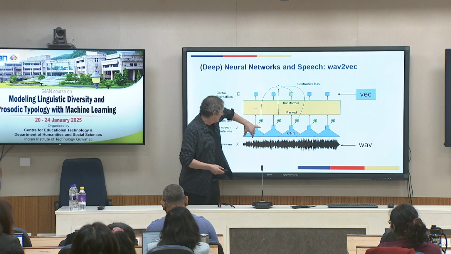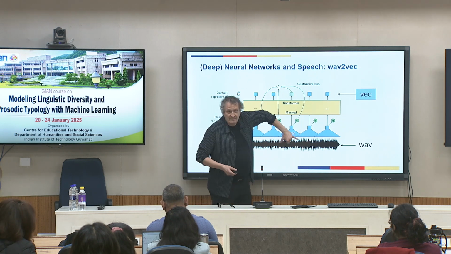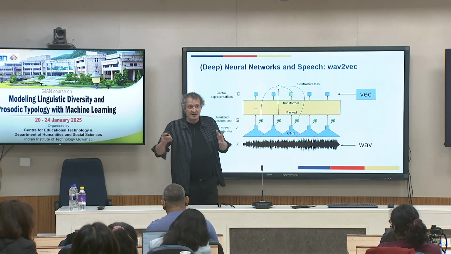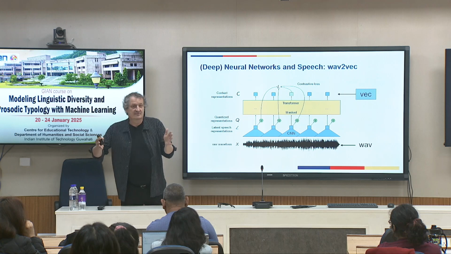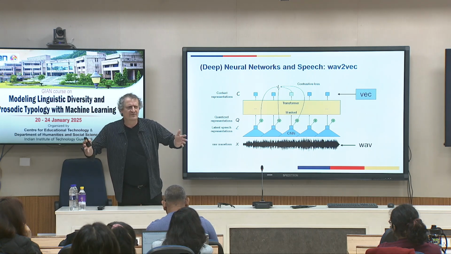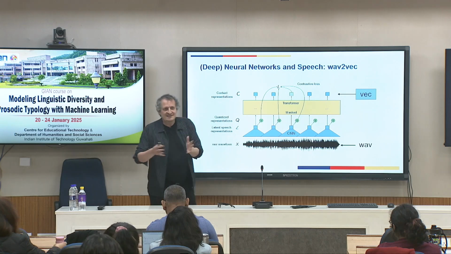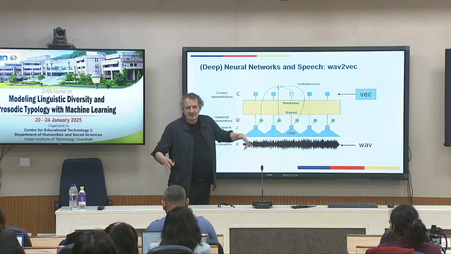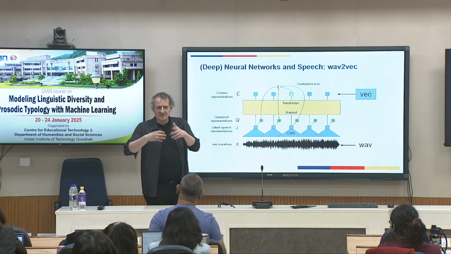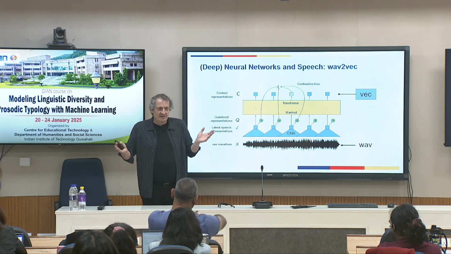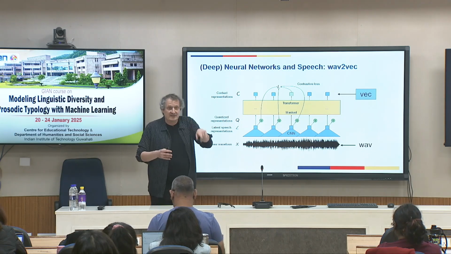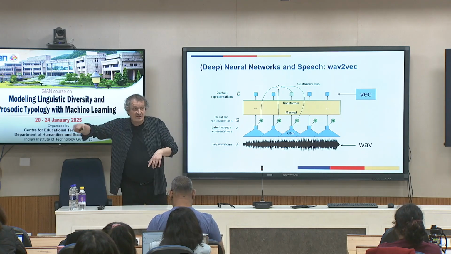You feed it some waveform, and you analyze it bit by bit. Depending on the setting, these are relatively small pieces, if I remember, like 25 milliseconds or so. And then you summarize using convolutional networks, a network architecture which can find the characteristics of a continuous moving signal.